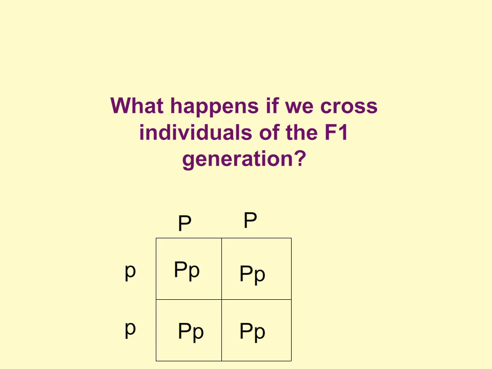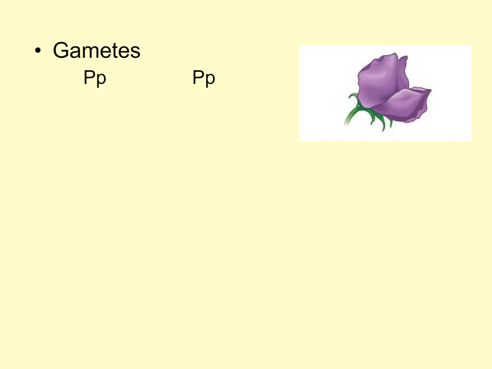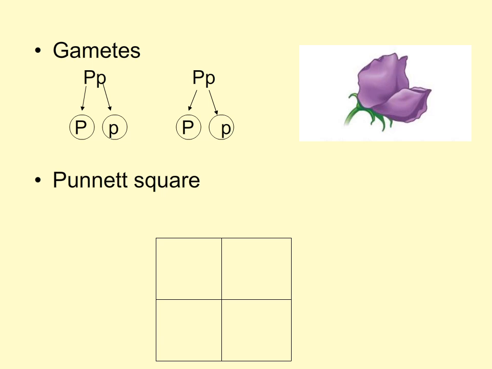So what will happen if we cross the F1 generation? Since the offspring are heterozygotes, they can produce gametes with either a dominant allele or a recessive allele. Let's do a Punnett square to find out the probabilities of the offspring. Gametes from one parent on the top and the other on the side.